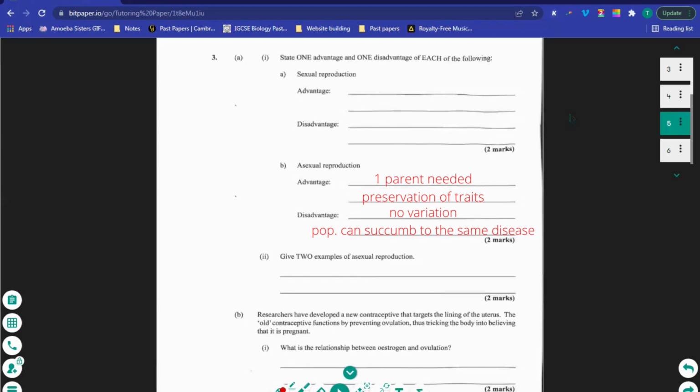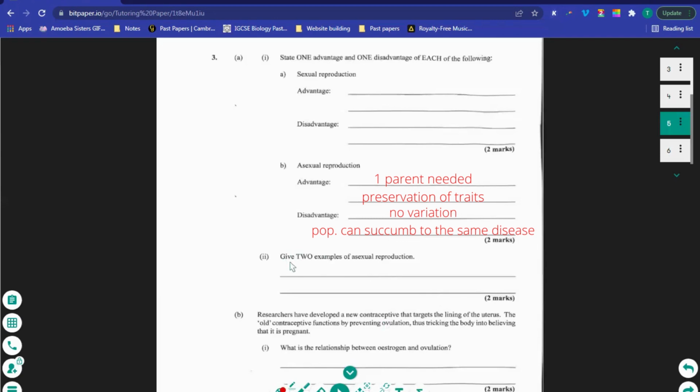Now with plants or even animals that utilize asexual reproduction, if there's a particular disease that the parents were susceptible to, then the entire population, all of the offspring, would succumb to that particular disease as well, because there's no variation. All of them are identical to the parents.